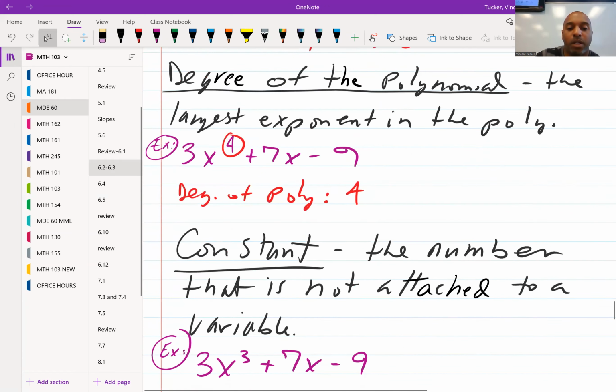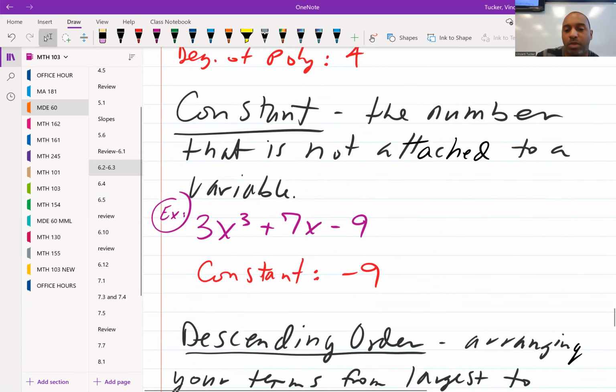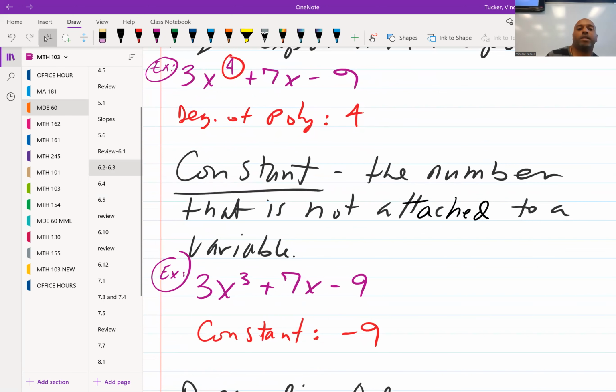Good. And last one, the constant is the number that is not attached to a variable. So in our case, the constant will be -9.